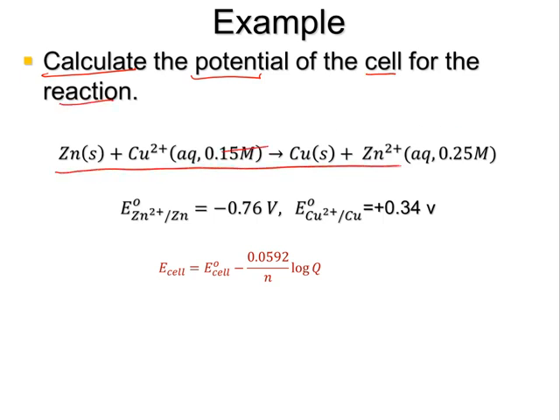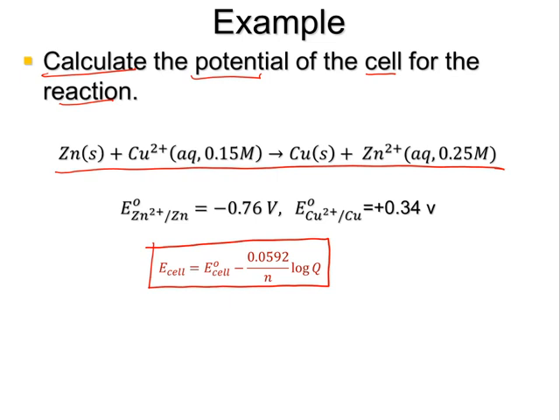So you have this reaction over here. So what we're trying to do is to calculate the cell potential of this reaction. Then we understood from a previous equation that this gives us the simplified version of the Nernst equation.